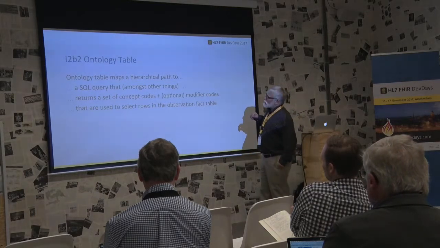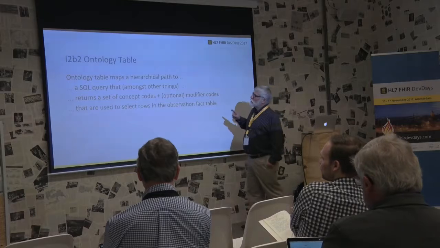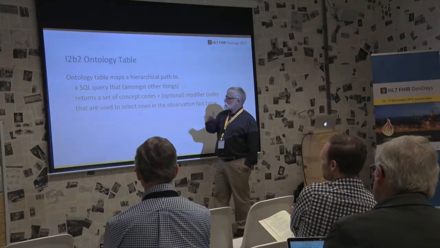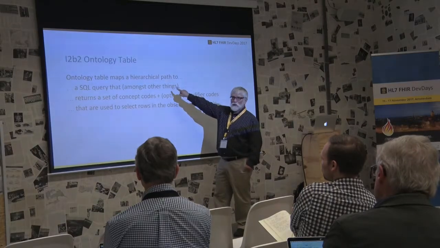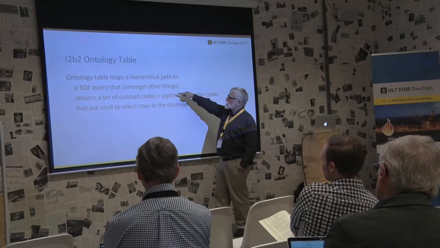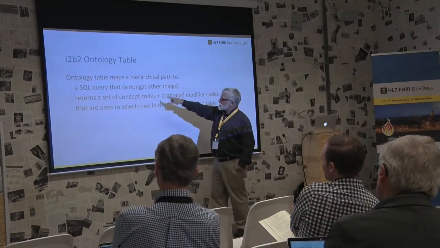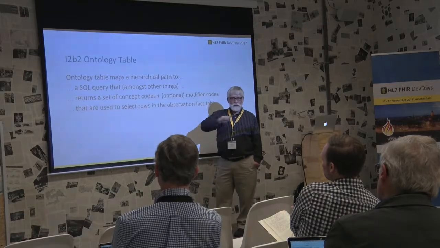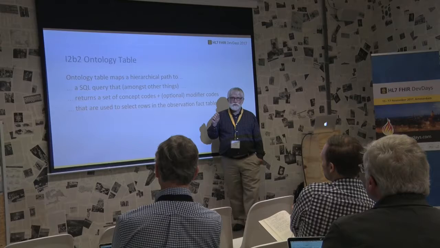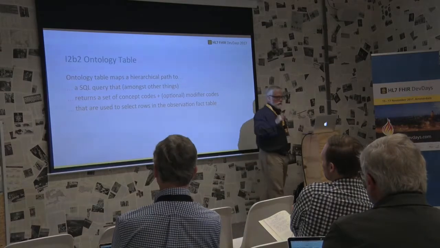And when you drag things over, each node generates a little SQL snippet. And amongst other things, you can also use it to select types of patient and things. But what we're interested in is it's an SQL query that gives us a set of concept codes and optional modifier codes that allow us to select rows in the observation fact table. That's how it works under the covers.